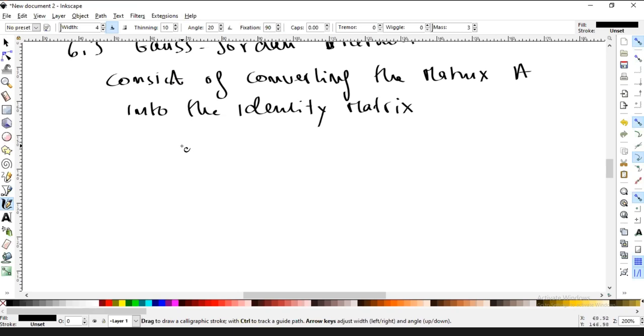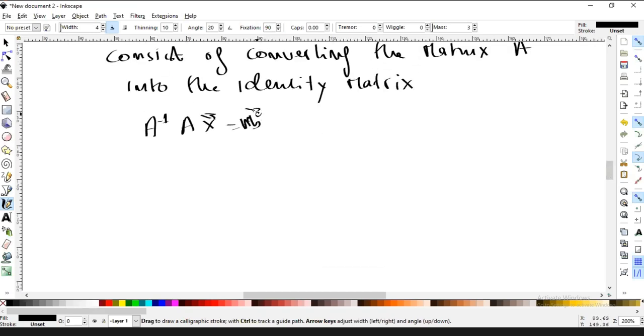When you have the system of equations Ax equals b and you apply the operations on b also, doing operations on the matrix A to convert it into the identity means that you are multiplying by A minus 1, and then you get the solution directly on the B side. So A minus 1, right?